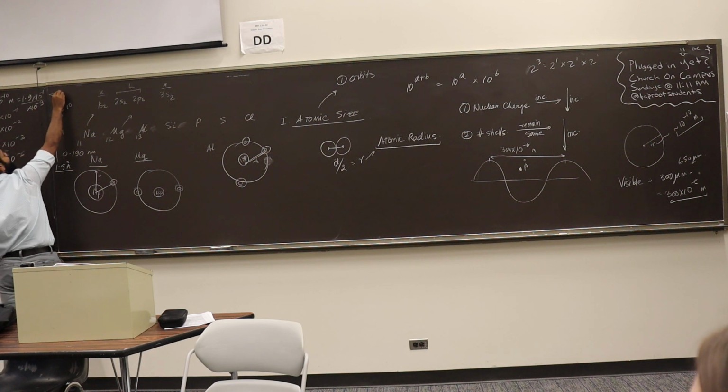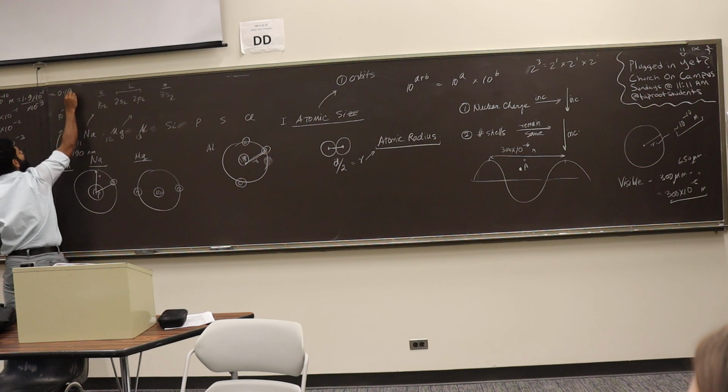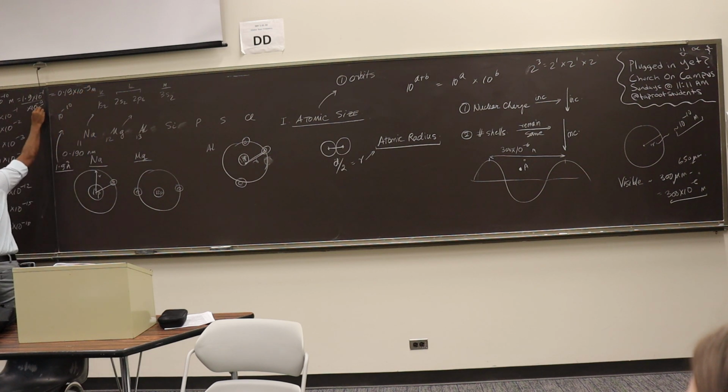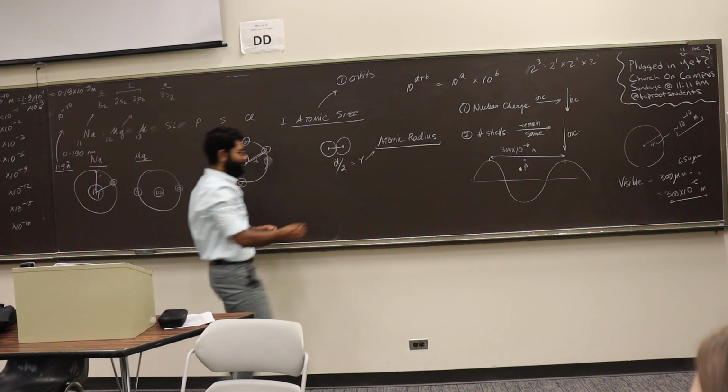And this I can write as 0.19 into 10 to the power minus 9 meters. 1.9 times 10 to the power minus 1 is this, right? Or am I making some mistake? Is it okay?